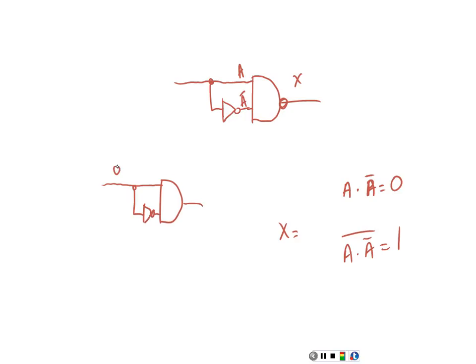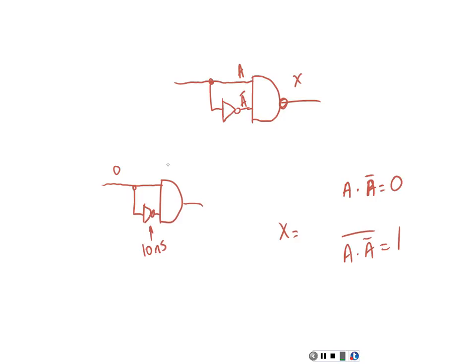So when this guy here switches low, what happens? Let's say this guy here has a propagation delay of 10 nanoseconds, which is roughly the generic time we use for a standard gate.